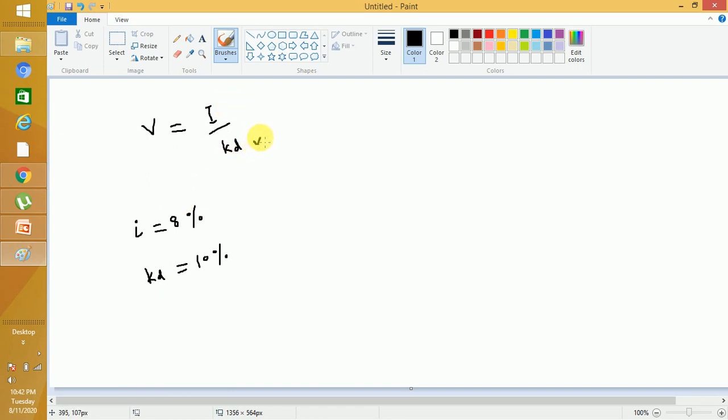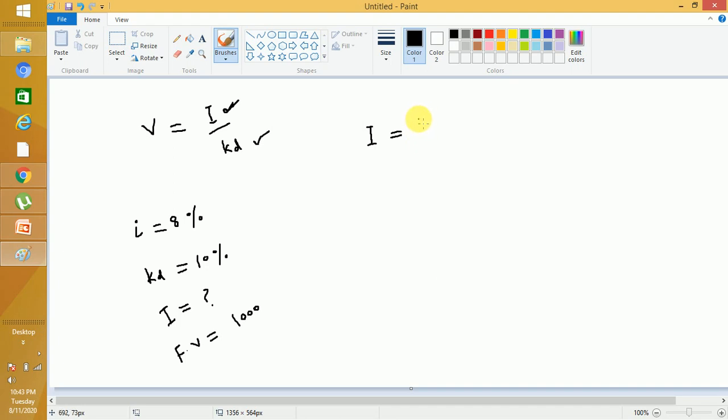So KD is given. I is not given, we will calculate I. I is not known. And the next thing is the face value, it is equal to 1000.